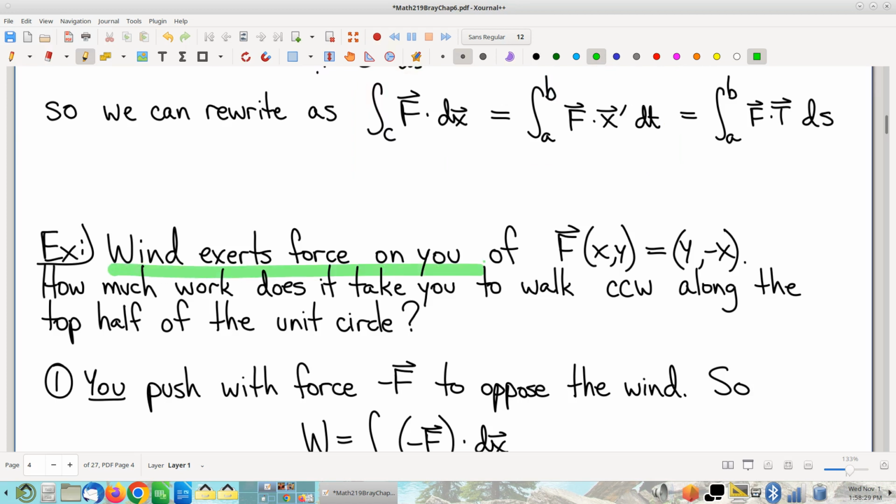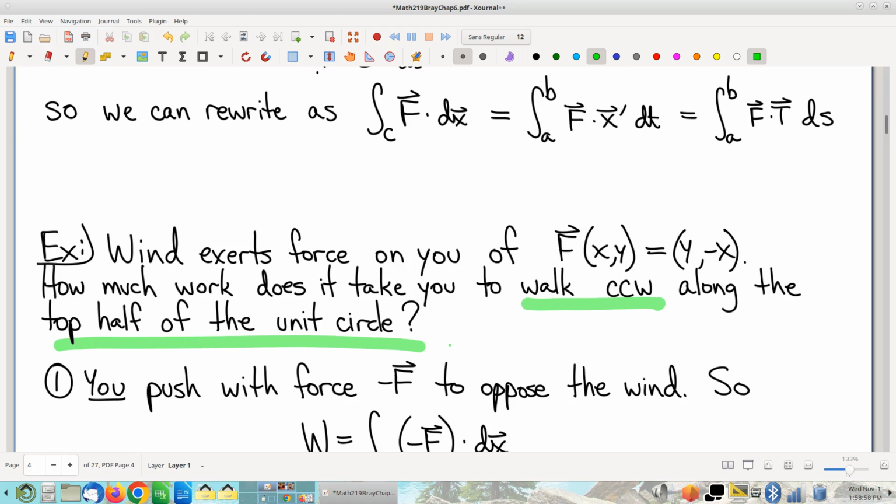The wind is a strong wind, and you are having to push forward to prevent the wind in your face from blowing you over backward. And here's a formula for how the wind is pushing. That said, you're going to be applying forces, to not be blown over, as you walk counterclockwise on the top half of the unit circle.